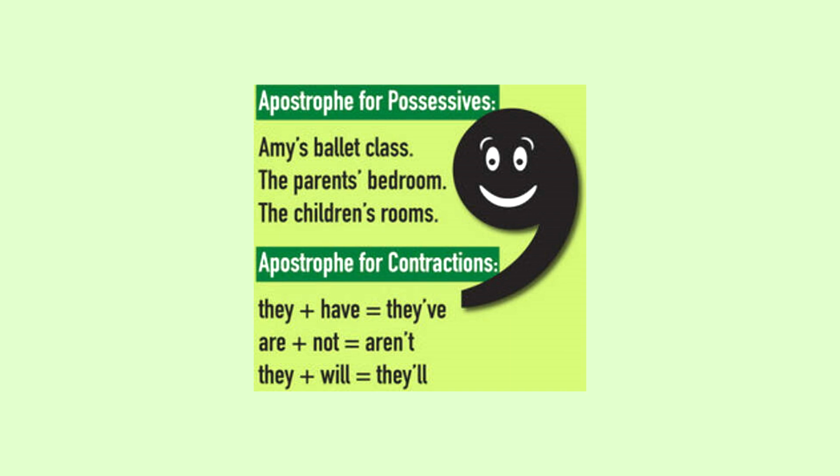Here we are using the apostrophe before the S, isn't it? Then when we are using a plural noun, the apostrophe goes after the S. We can also see the example: the parents' bedroom. Here we are using the apostrophe after the S. Now we understand how to use the apostrophe in singular and plural nouns.